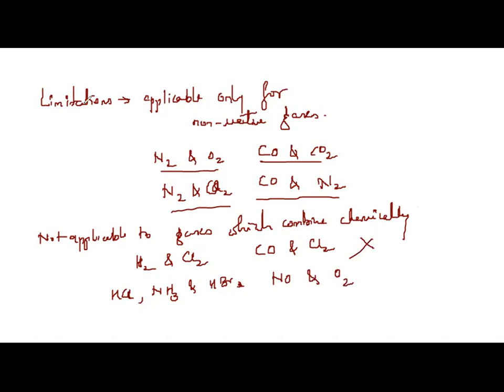So what is the limitation? Dalton's law of partial pressure is applicable only for non-reactive gases such as N2 and O2, CO and CO2, N2 and Cl2, CO and N2. But if you take reactive gases, they will combine chemically and the total pressure will not be equal to the sum of partial pressures.